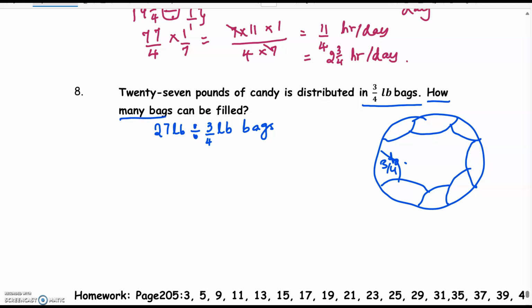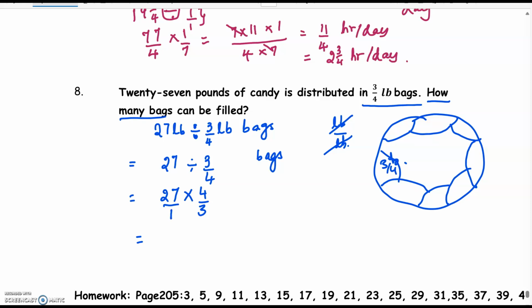When you divide pounds by pounds, pounds is in the numerator and the denominator as well, we cancel it. So we don't have pounds anymore. The final answer will be the number of bags. So 27 divided by 3/4 is the same as 27 times 4/3.